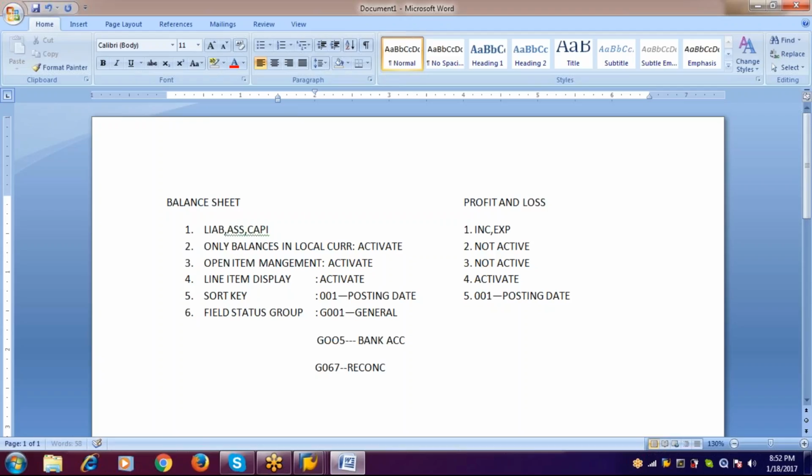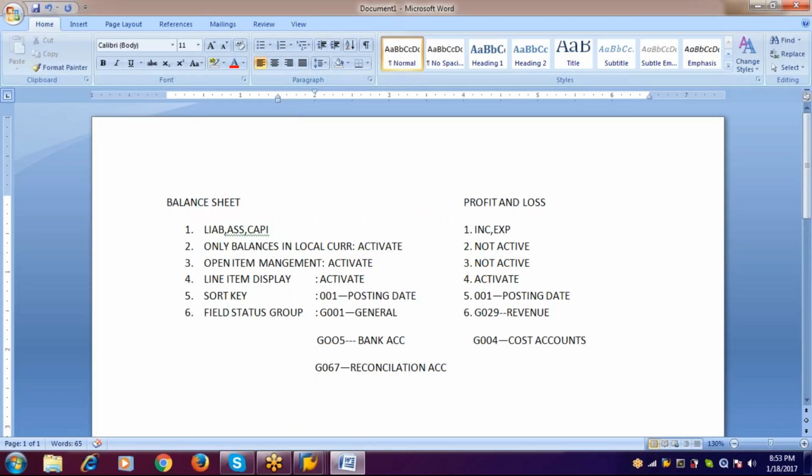In the same way, for the profit and loss accounts, G029 is for the revenues, and G004 is for cost accounts.